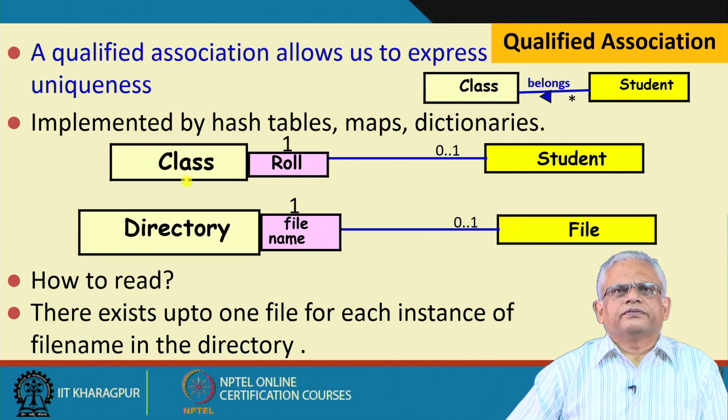If we have this, this is the qualified association. This is the qualification of this association. In the qualified association, we say that there exists up to one file, 0 to 1, there is up to one file for each instance of file name in the directory.